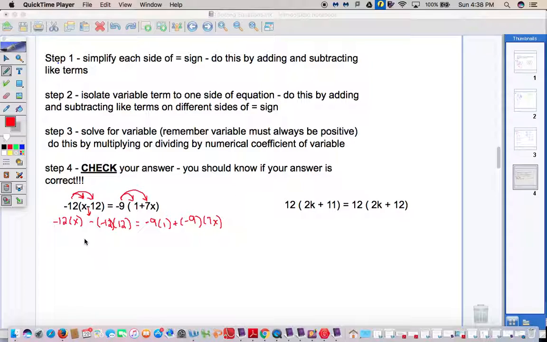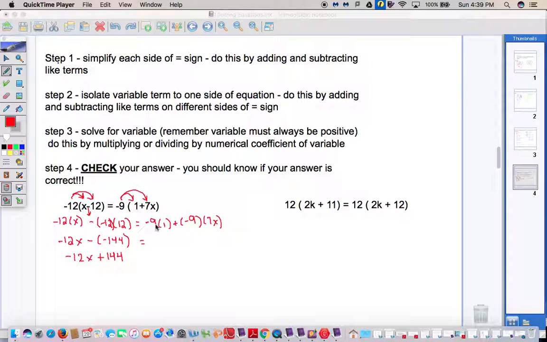Okay, and now we're going to use those wonderful mathematical skills that you have. So negative 12 times x is negative 12x, minus negative 12 times 12 is negative 144. So then we're going to continue to simplify this side, and we'll have negative 12x plus 144.